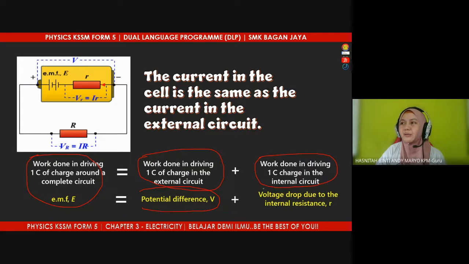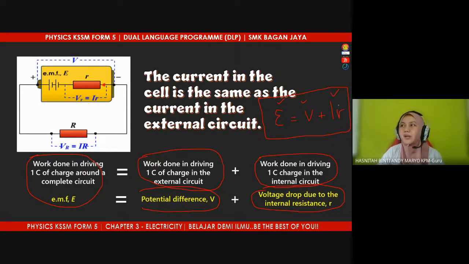This one refers to the voltage drop due to internal resistance. So here the formula is E equals V plus Ir. This is the formula relating EMF, potential difference, and voltage drop.